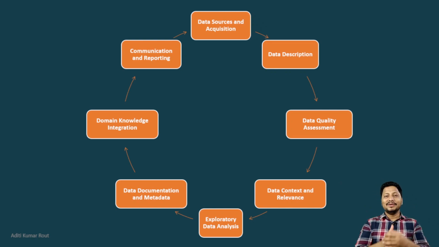The next building block is domain knowledge integration. Again, whatever experiment or problem we are solving, it is specific to some business or real world scenario, and there is some domain knowledge associated with that particular experiment or problem statement. We need to ensure that we are aligned with the business or the domain.